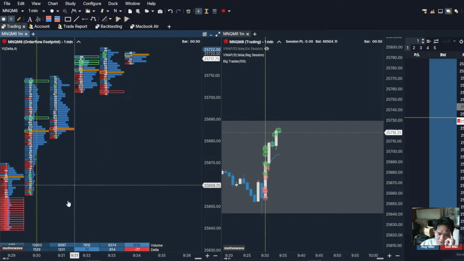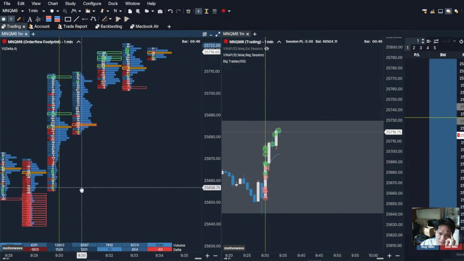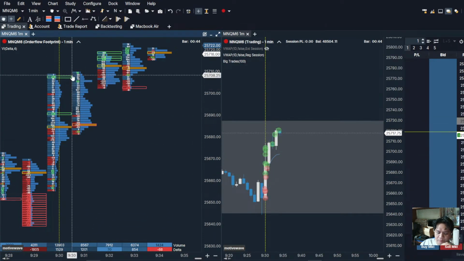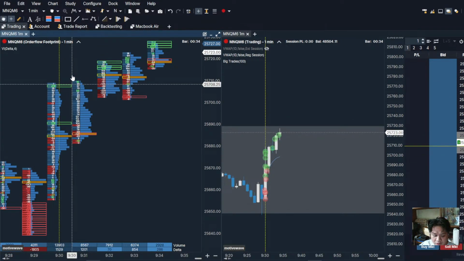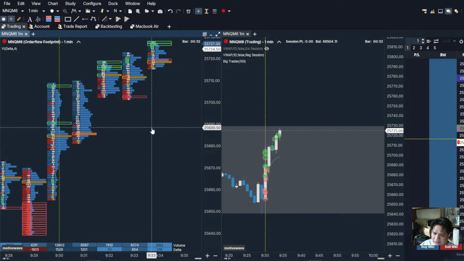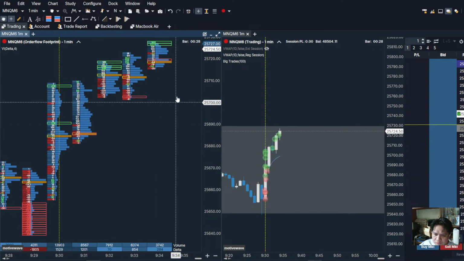I think that's what you call them. But yeah, basically the green one is like buyers are getting absorbed, meaning there are passive sellers matching the auction. I think that's how I understood it. Can't really define it that well, but yeah.